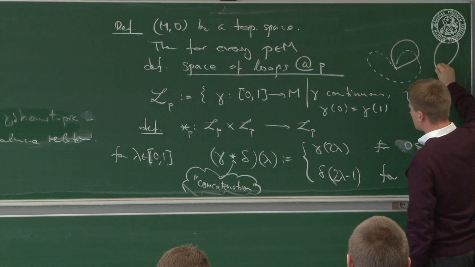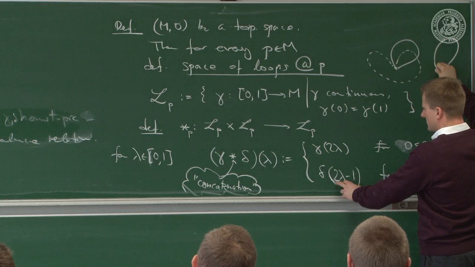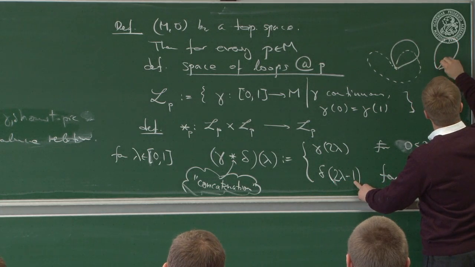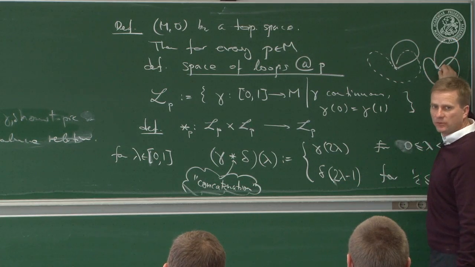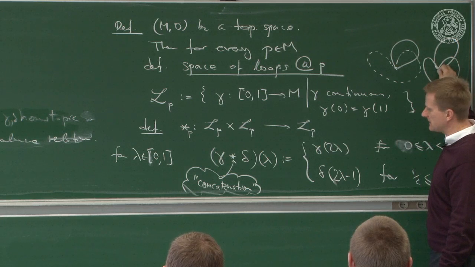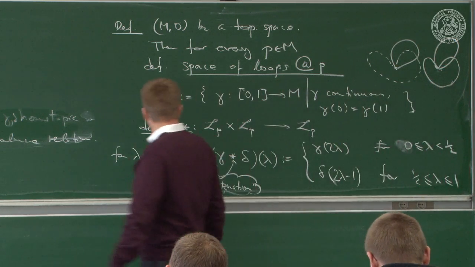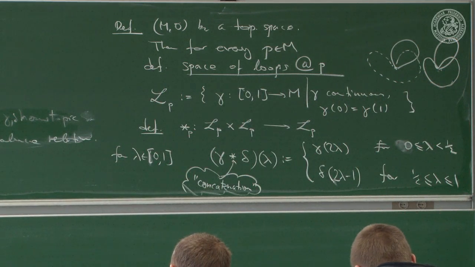And then you run through the second loop, because at 1/2 you are at 0 here, and you run to 1. You then run through the second loop, and you come back, and the whole thing altogether is a loop, because it's the same starting and end point. And yeah, so these are those guys. You have this concatenation of loops.